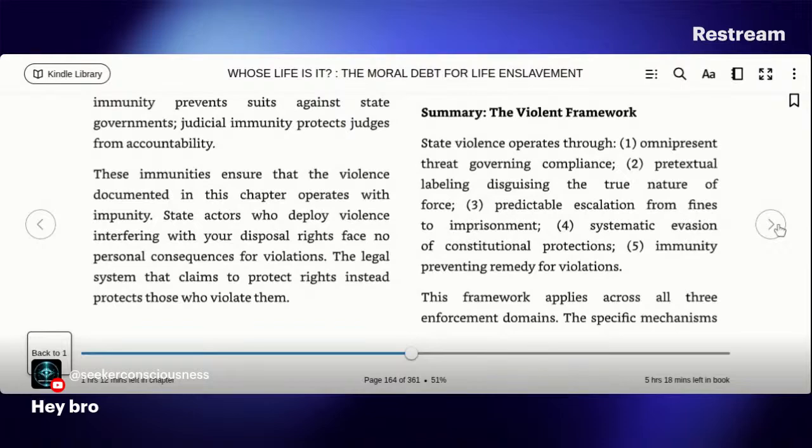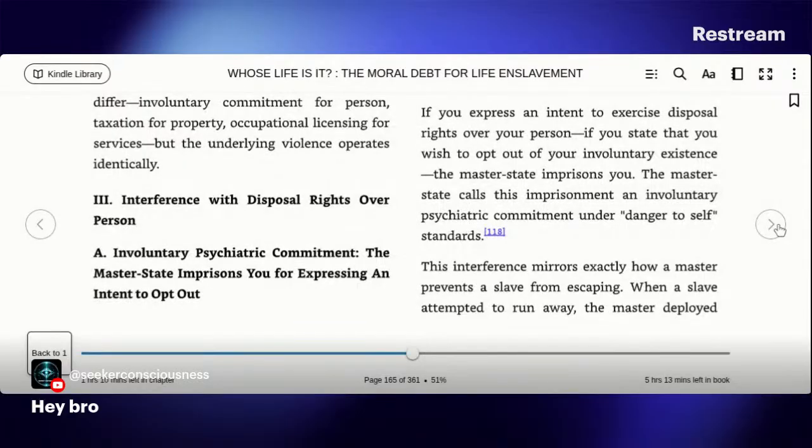The specific mechanisms differ: involuntary commitment for a person, taxation for property, occupation licensing for services, but the underlying violence operates identically. If you express an intent to exercise disposal rights over your person, if you state that you wish to opt out of your involuntary existence, the master state imprisons you.